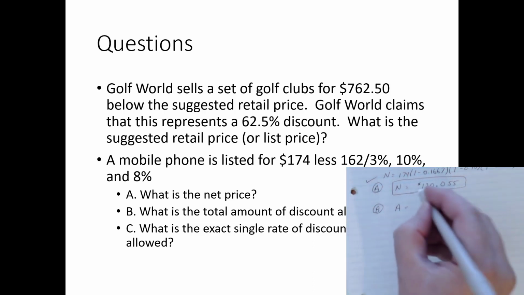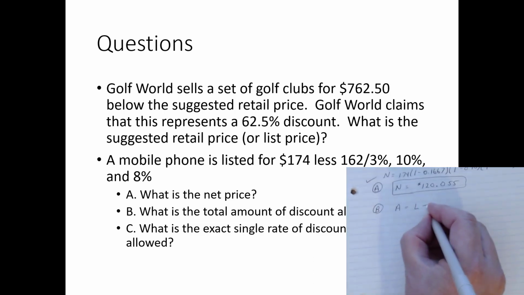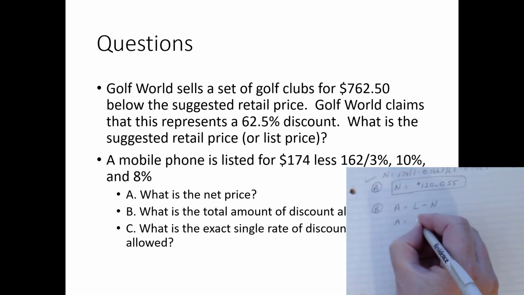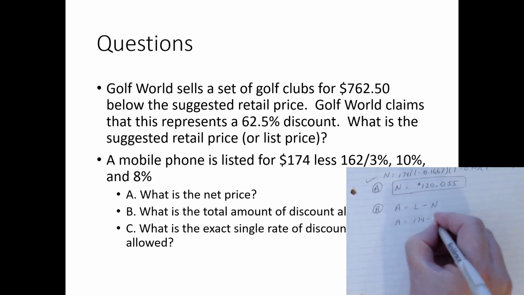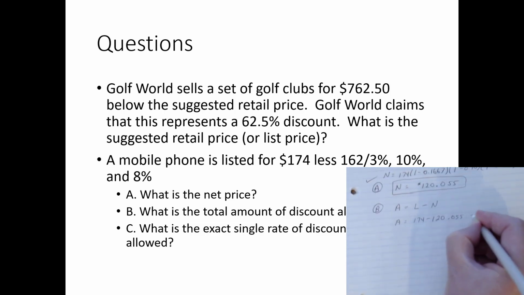But what is the amount of discount? Well, I take my original price, right, and I subtract from it my net price. The difference between the two must be the amount of the discount. So I look and go A, and I had that list price of $174 minus the net price, which I just calculated, and this just becomes simple subtraction.